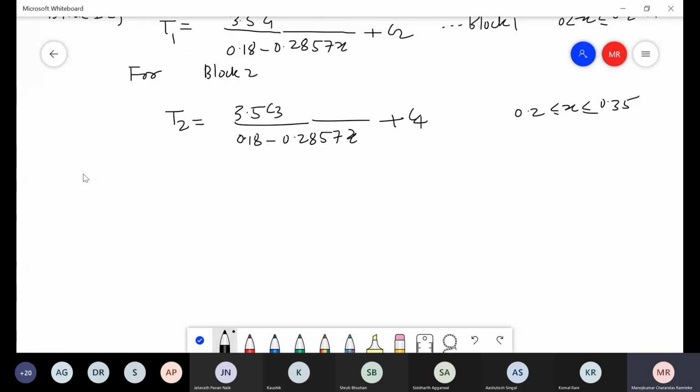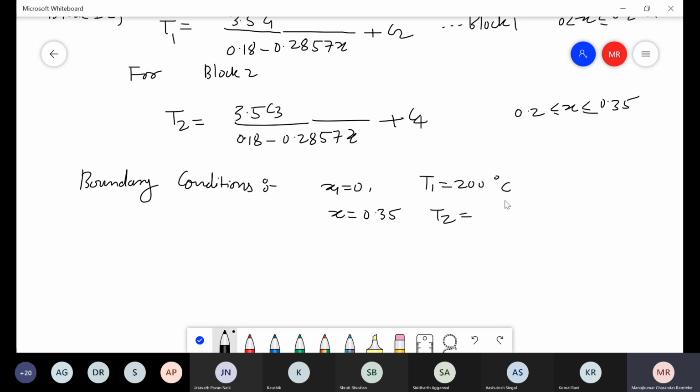I'm writing down the boundary conditions. When x equals 0, T1 equals 200 degrees Celsius. This is the first boundary condition. When x equals 0.35, T2 will be 100 degrees Celsius.